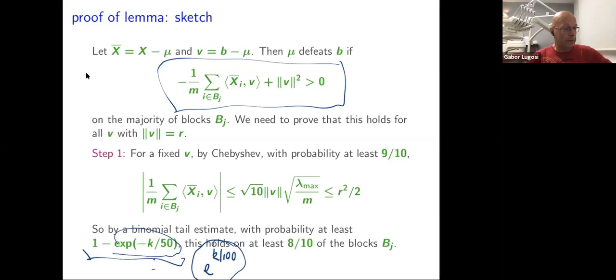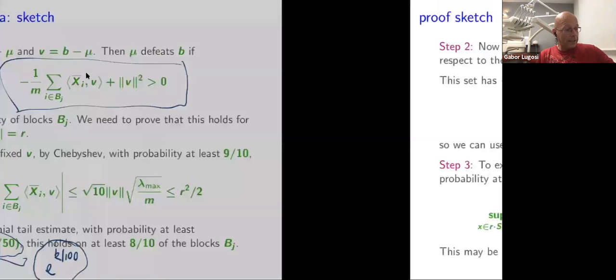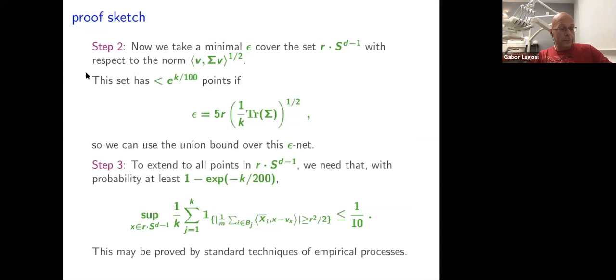So that's what we do in the second step. We discretize the sphere of radius r with respect to this distance.